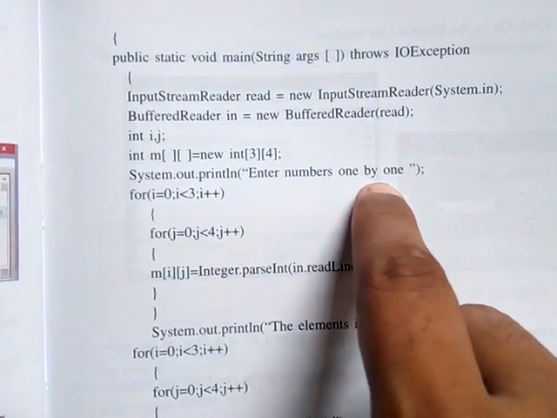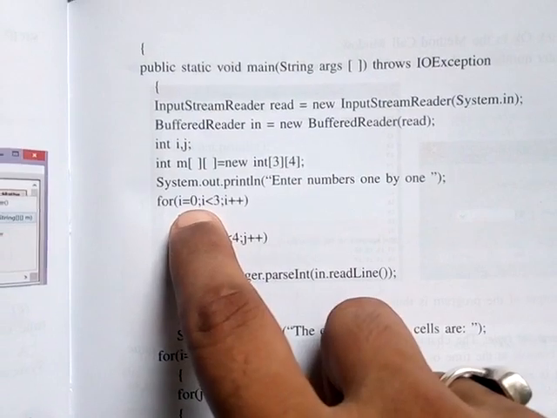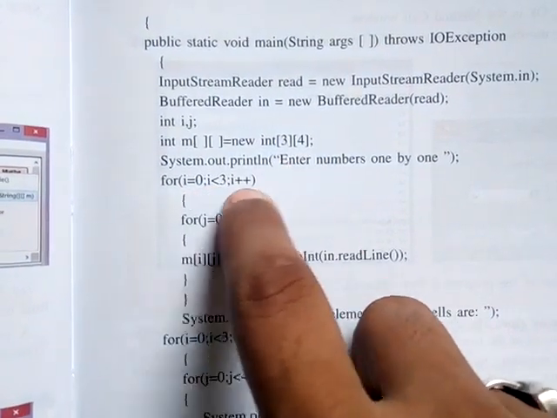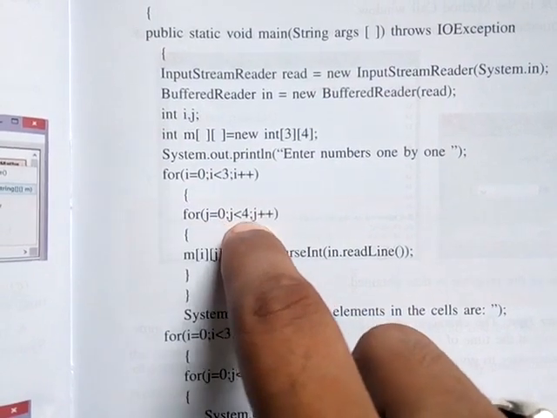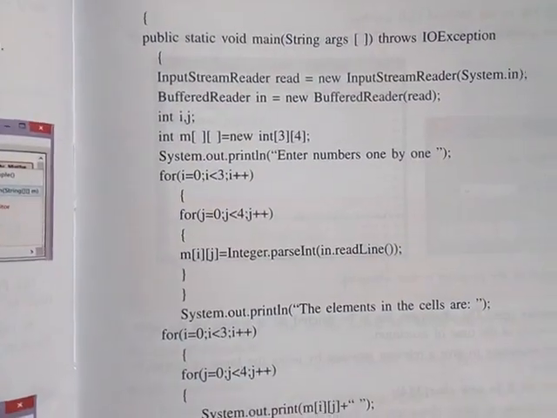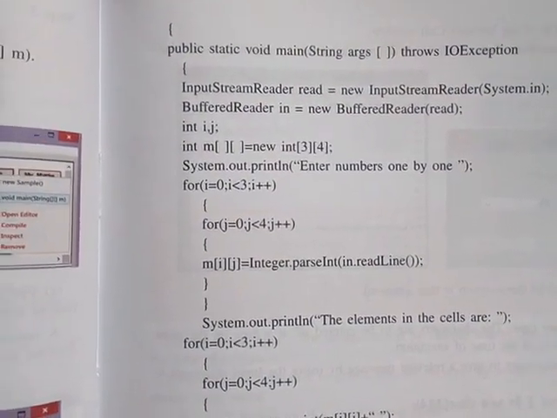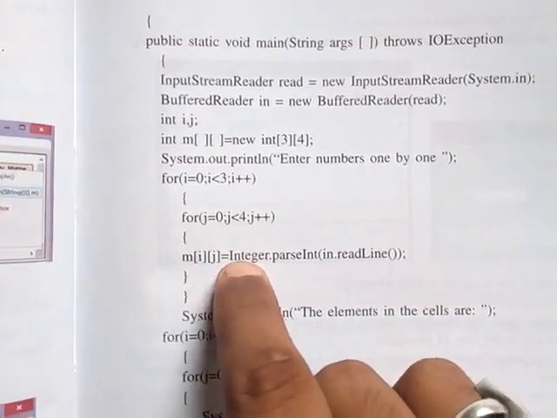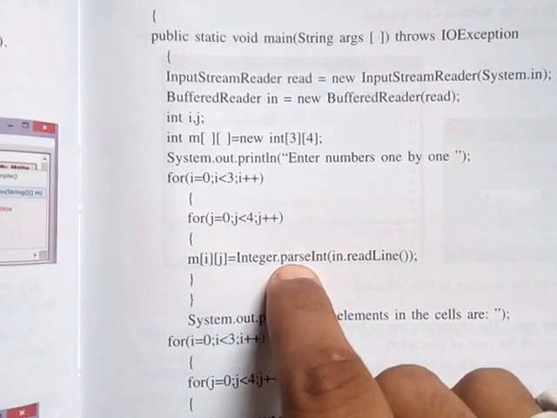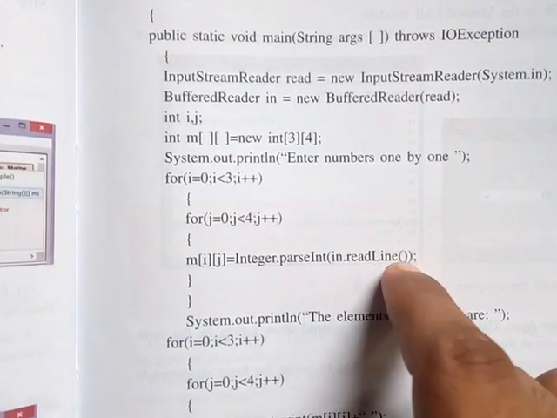System.out.println enter numbers one by one; for i = 0, i less than 3. Yes, come down. j = 0, j less than 4. Yes, come down. Excuse me, students. Then m[i][j] = Integer.parseInt(in.readLine()).